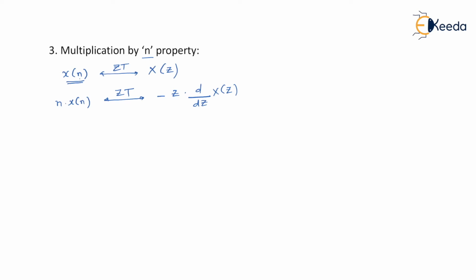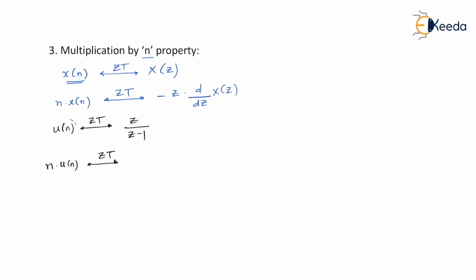So we can probably take an example. Let's say we have signal u of n whose Z transform is z upon z minus 1. Then suppose we have n times u of n. The question is how to get the Z transform. It's very easy.